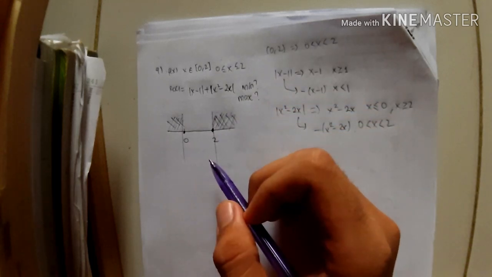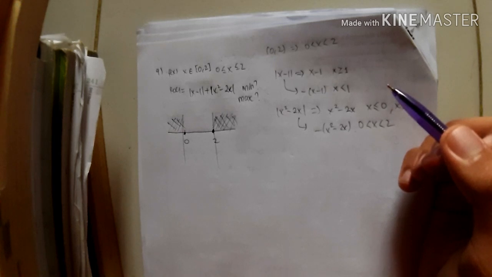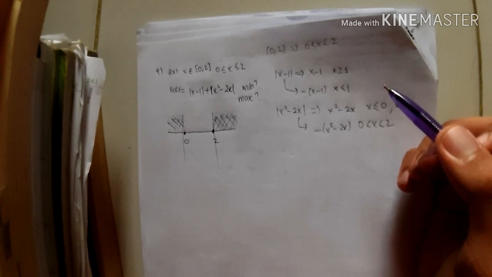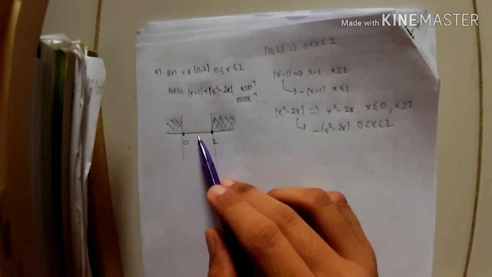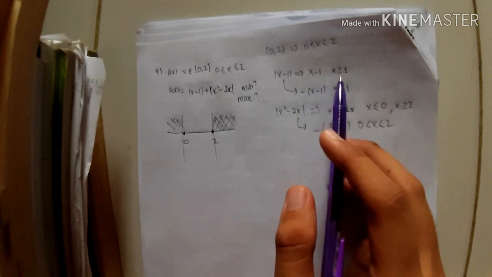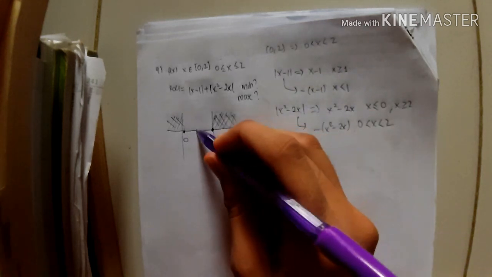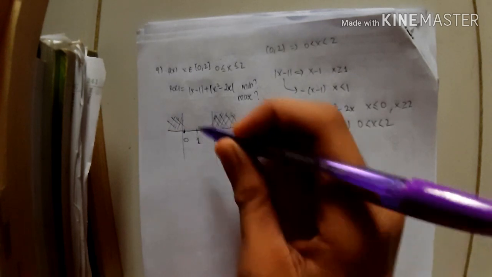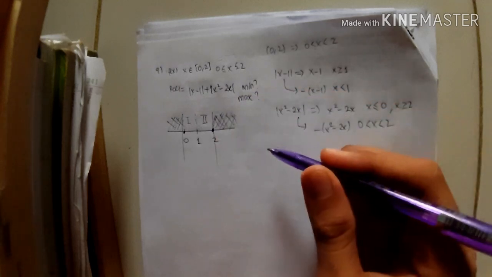We only focus on that particular interval. At this particular interval, you can see that number 1 is also inside this interval. Okay, we divided this area into 2. This is area 1, this is area 2.